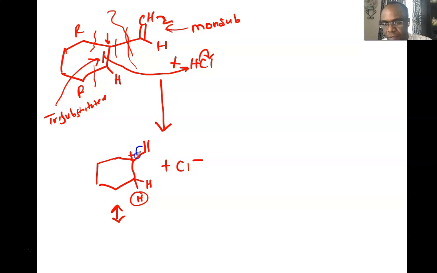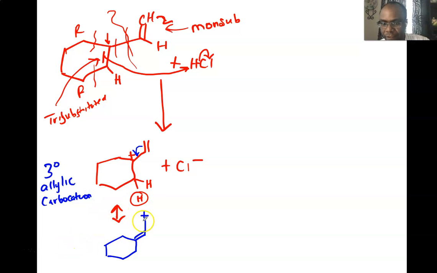If we do resonance, this is the product I'll get. The double bond will be formed in between and there's going to be a plus sign out there. Now notice that this is a tertiary allylic because the C plus is next to a double bond. This is a tertiary allylic carbocation.